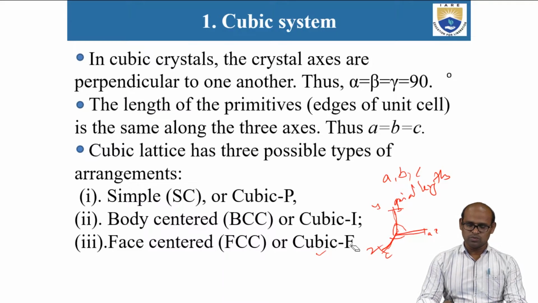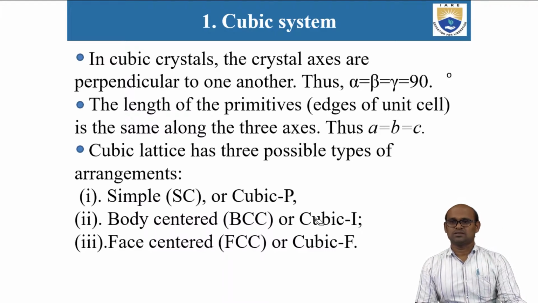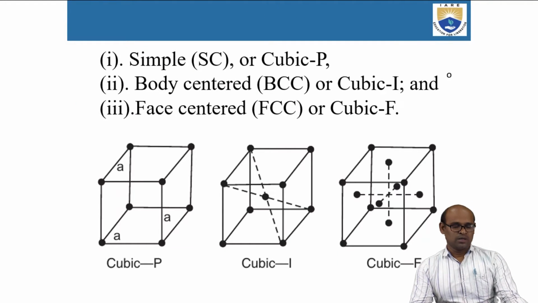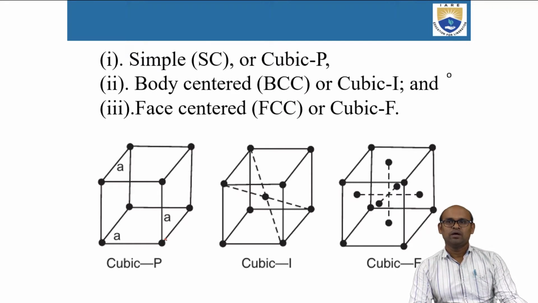Today we are going to discuss only the 7 different types of crystal systems that are possible with 14 types of Bravais lattices.